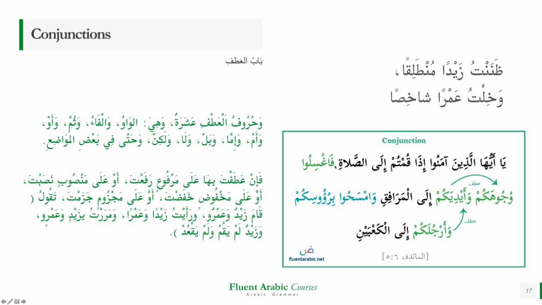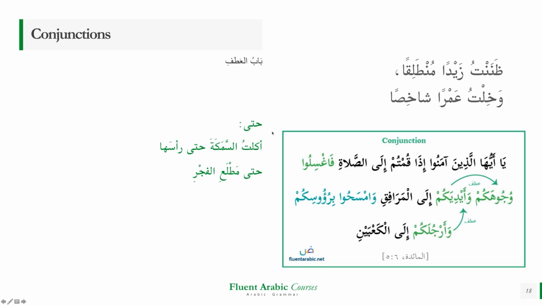So the ayah is فَاغْسِلُوا وُجُوهَكُمْ وَأَيْدِيَكُمْ وَأَرْجُلَكُمْ. So all these return to اغسلوا. And only رؤوسكم returns to وَامْسَحُوا. So I hope that is clear. This is a great example of how learning and understanding i'rab correctly can help you understand the ayah.